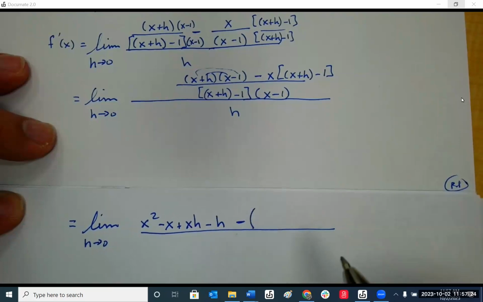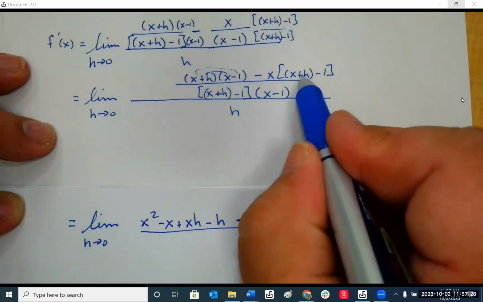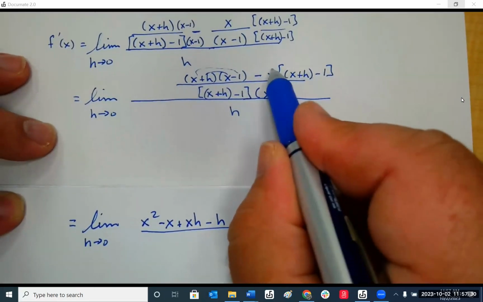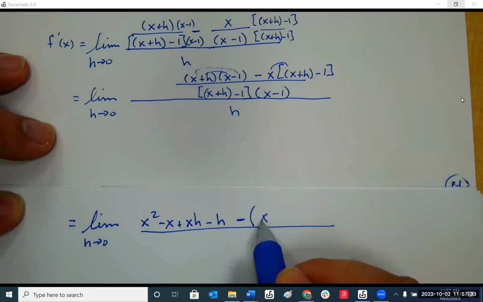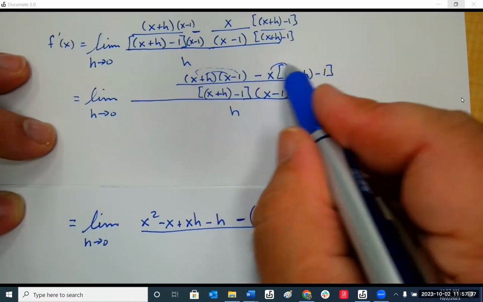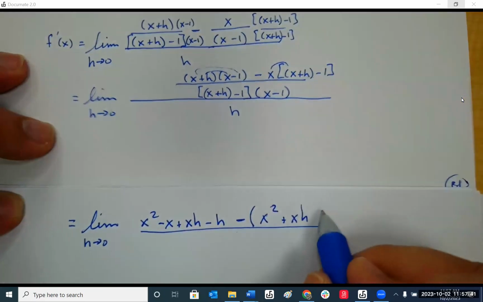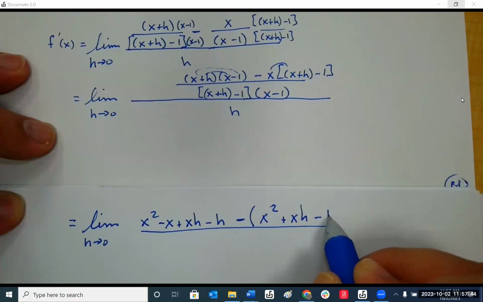Minus, this is after the minus, so I need to keep this in parentheses. So x times x makes it x squared, plus xh, minus x.